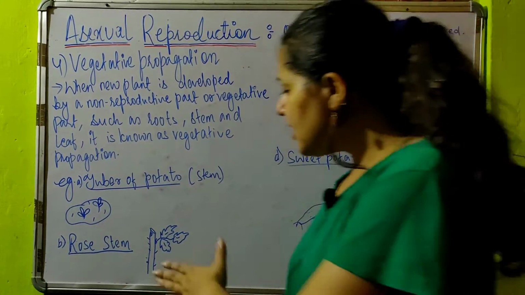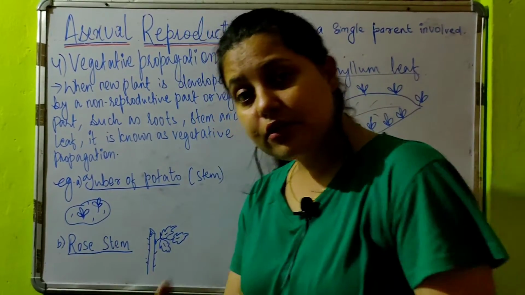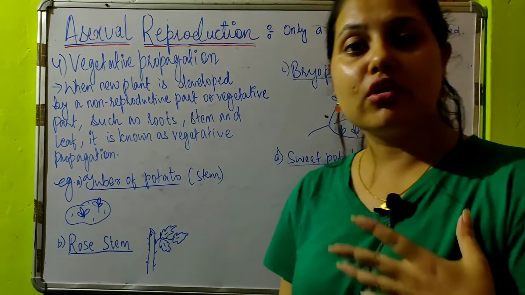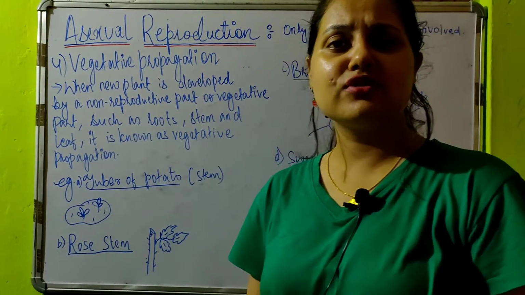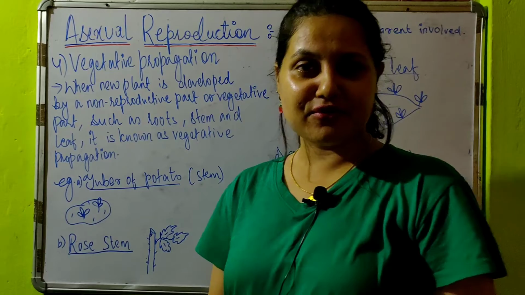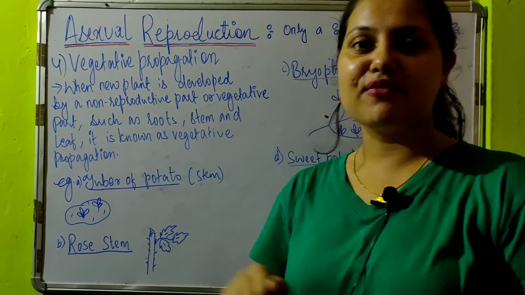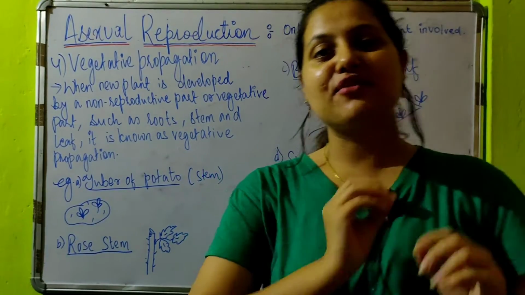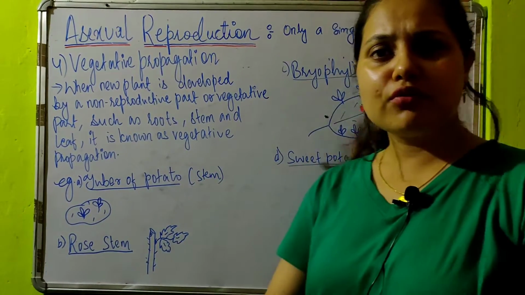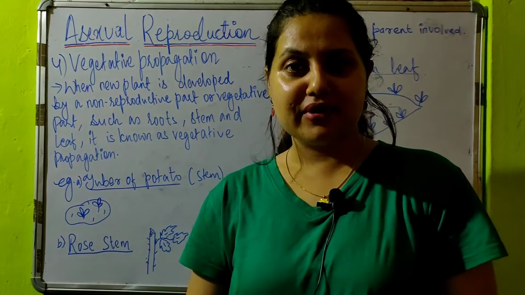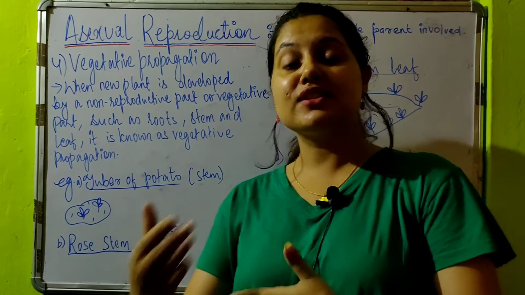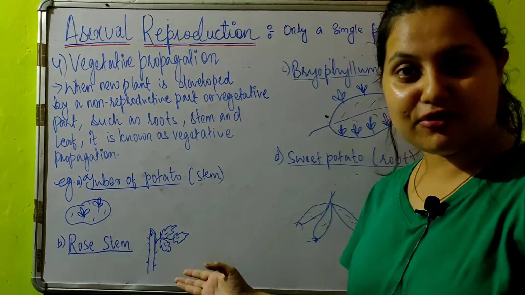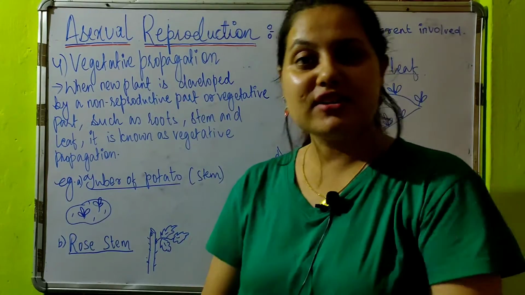When your mother or someone is planting a rose, they plant a stem of a rose, right? We don't take a root and plant it, isn't it? Or we don't take the whole seed of the rose and plant it, right? What we do is plant a stem. But we find that from the stem the new leaves grow and new flowers bloom.